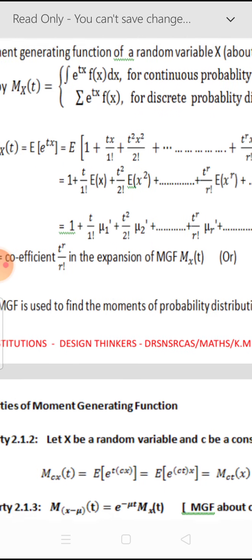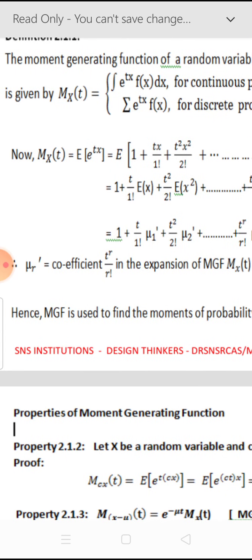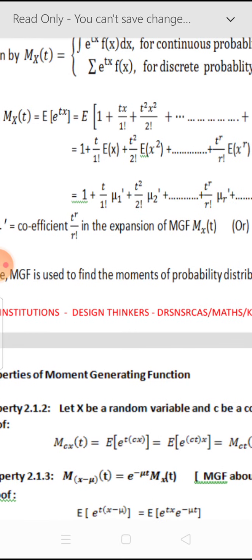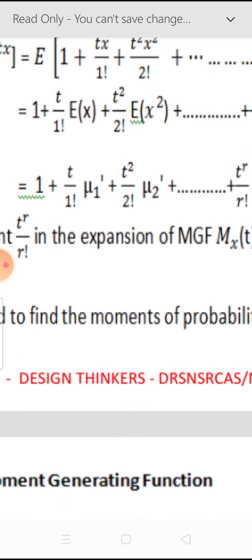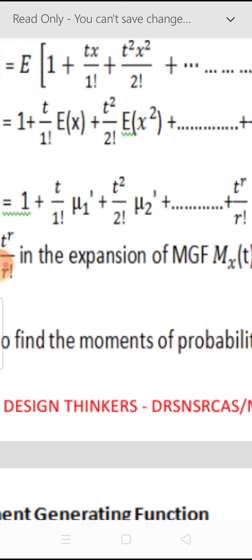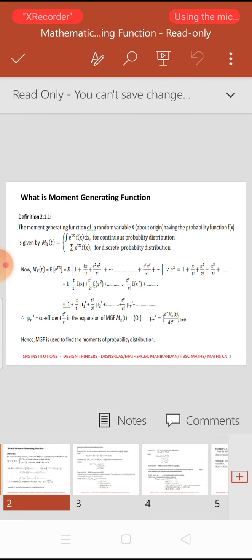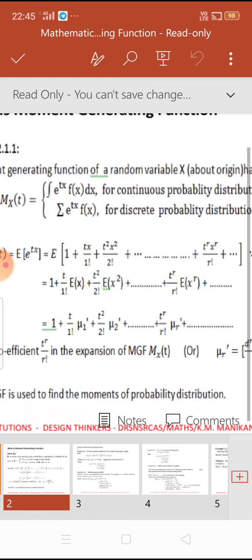Just by finding the moment generating function Mx of t and finding the coefficient of t by 1 factorial, you will get the first moment about the origin. And by finding the coefficient of t square by 2 factorial we will get the second moment about the origin. Hence the main use of the MGF is to find the moments of the various probability distribution functions.